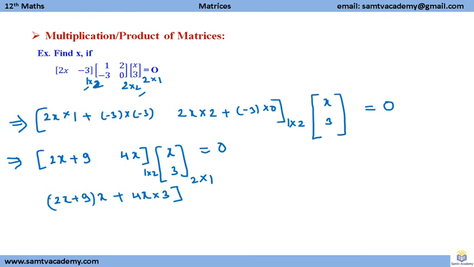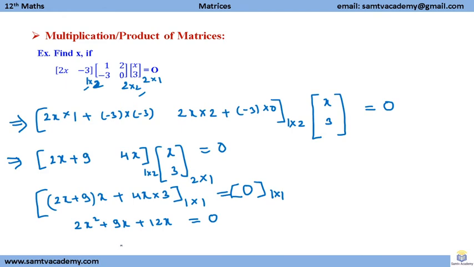This matrix is a 1 by 1 matrix equal to 0. Here also we will take a 1 by 1 null matrix. After solving we will get here 2x square plus 9x plus 12x is equal to 0.